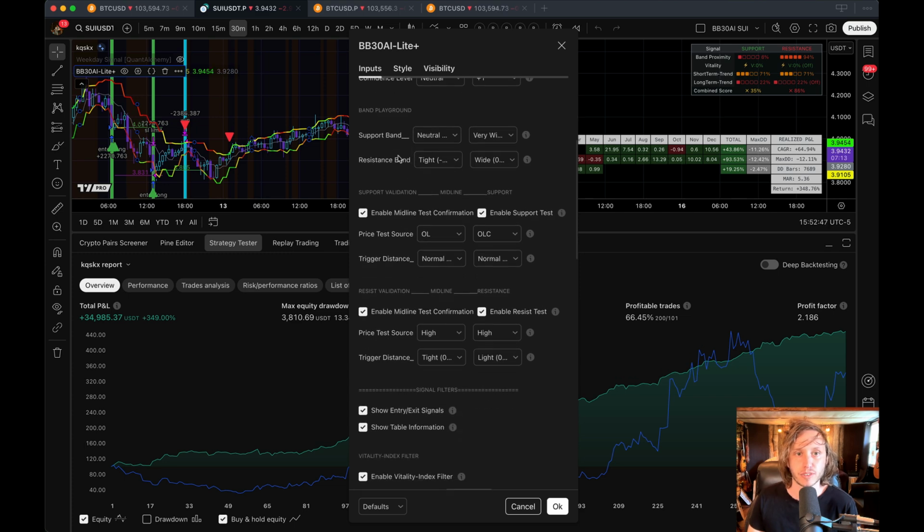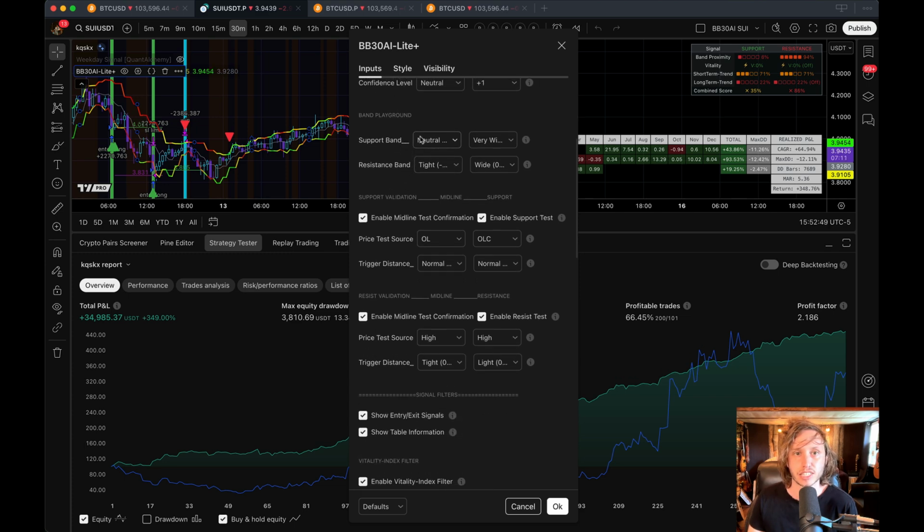For the support and resistance band playground section, you can see that these are set to 0, negative 0.05, negative 0.25. Those are still small changes, but those are generally the most useful. Actually, on this one specific setting, I generally leave it at neutral and don't ever even change it. But if you are to change it, those would be what I would try first.